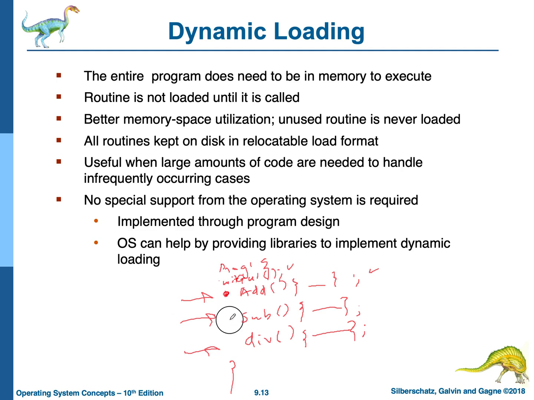So these two may be the primary functions, while multiplication and division are not primary functions. Suppose we say these two are not primary, so they will not be loaded into main memory. Only the main modules would be loaded into main memory.